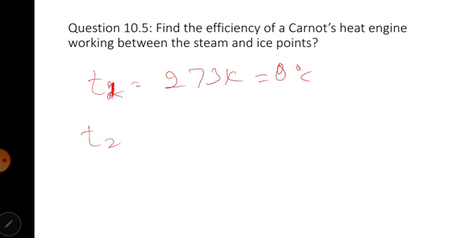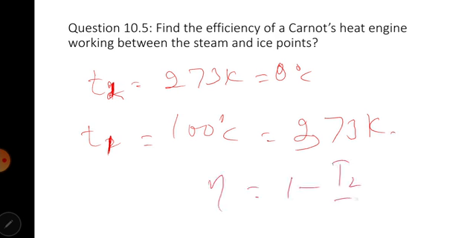T1 is the boiling temperature of steam, 100 degrees Celsius, equal to 373 Kelvin. So efficiency is equal to 1 minus T2 divided by T1. Percentage efficiency, so multiplied by 100%, you will get the answer.